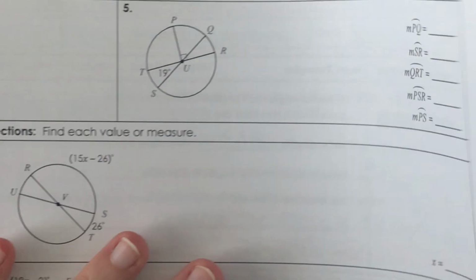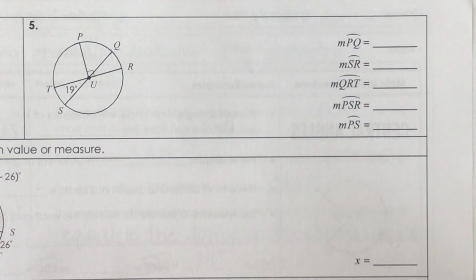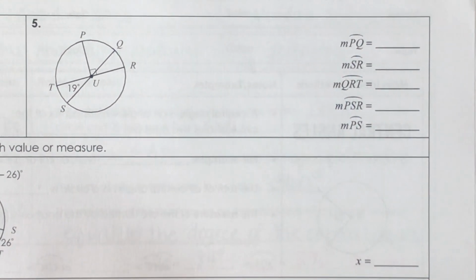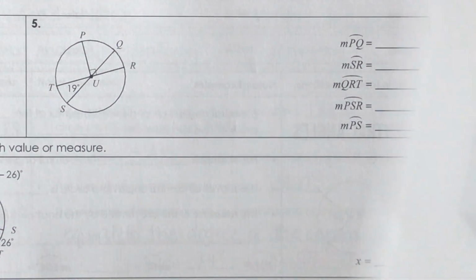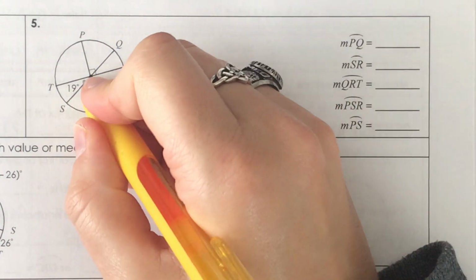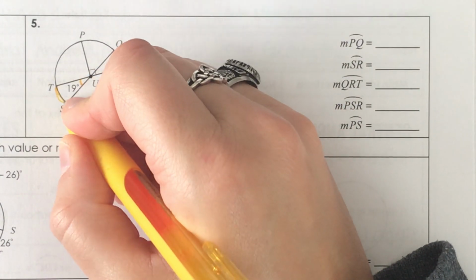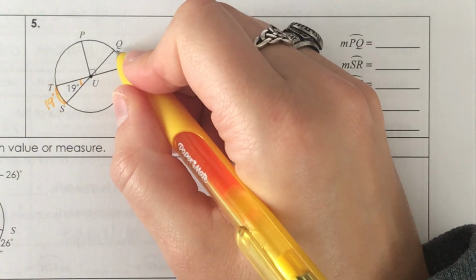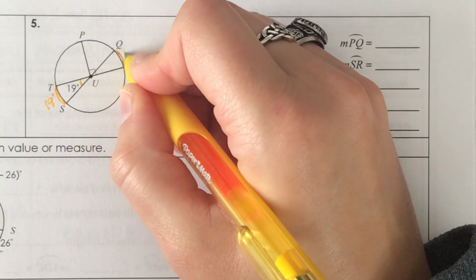All right, got a couple more on the back. Okay, number 5. First thing I see is that there's a 90-degree angle there. I know that this piece right here is 19 degrees, T to S. Well, these are vertical angles, so this one also must be 19 degrees.